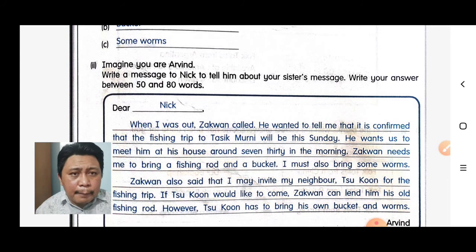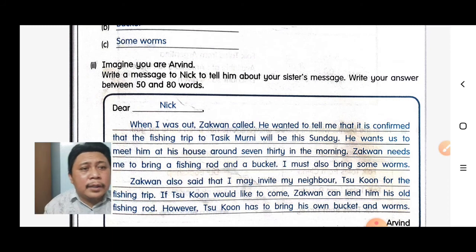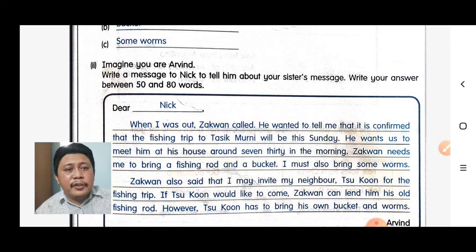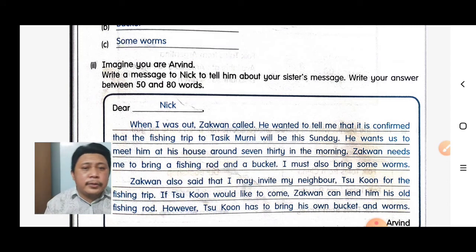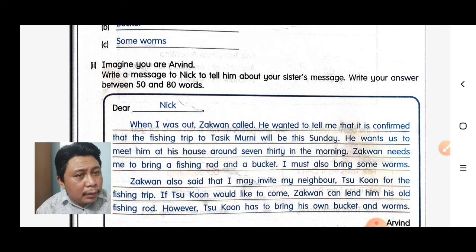Look at example number 1. Dear Nick, when I was out, Zakwan called. He wanted to tell me that it is confirmed that the fishing trip to Tasik Murni will be this Sunday. He wanted us to meet him at his house at around 7:30 in the morning. Zakwan needed me to bring a fishing rod and a bucket. I must also bring some worms.